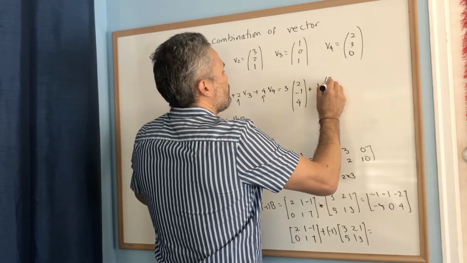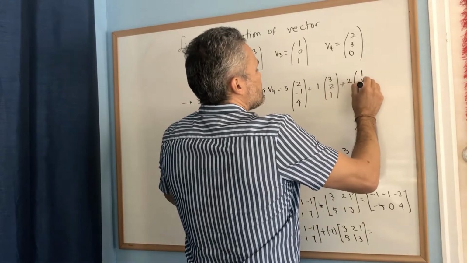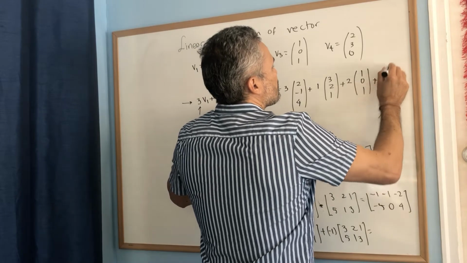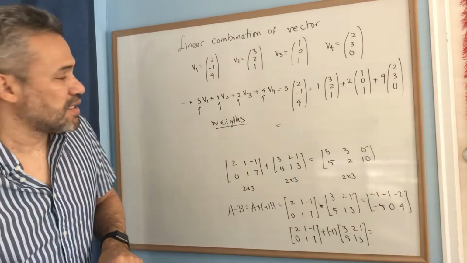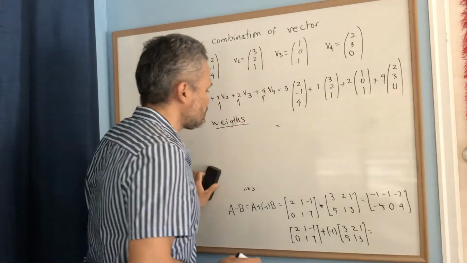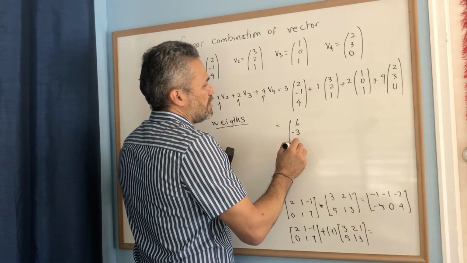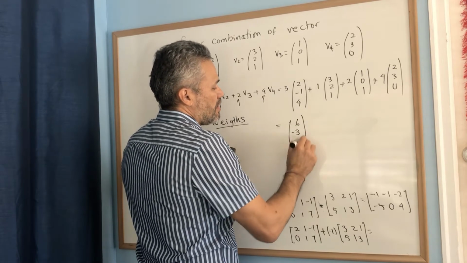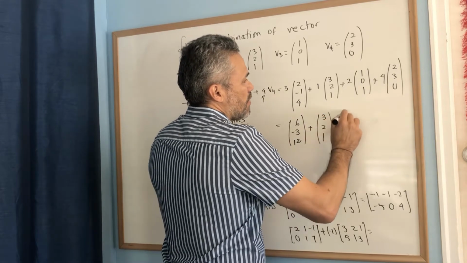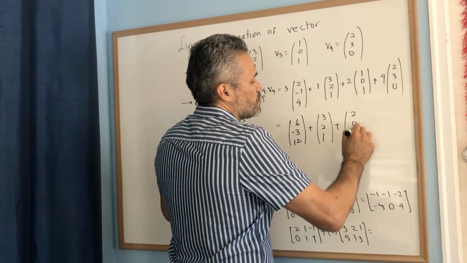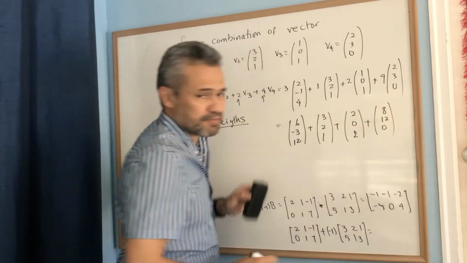In this case, this would be 3 times (2, negative 1, 4), plus 1 times (3, 2, 1), plus 2 times (1, 0, 1), plus 4 times (2, 3, 0). Remember, this is just the vector (6, negative 3, 12), plus (3, 2, 1), plus (2, 0, 2), plus (8, 12, 0).